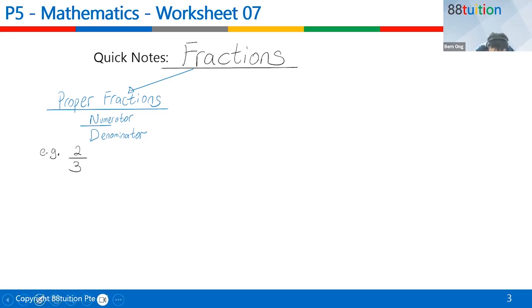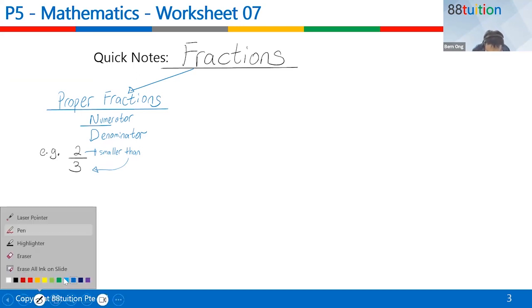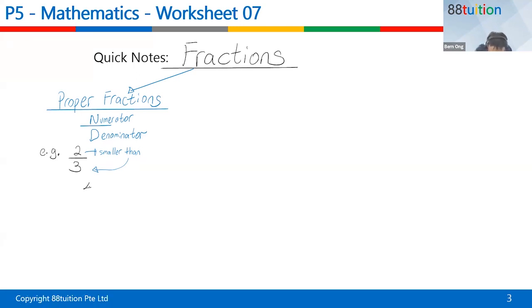The numerator is smaller than the denominator. That is like the normal proper fractions that we have been dealing with every time. Other examples are 4/5, whereby the numerator is smaller than the denominator.